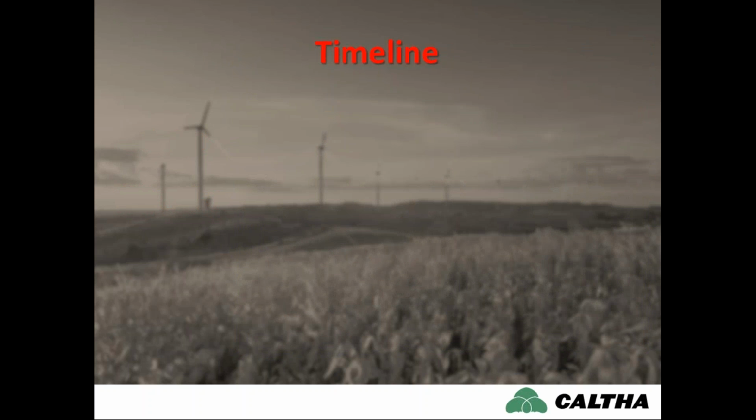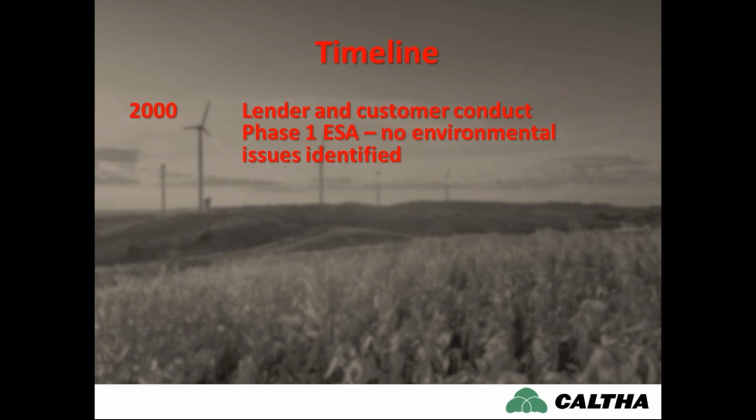Looking back at the timeline for this particular case, we go back to the year 2000 when the lender and the current property owner conducted a Phase 1 environmental site assessment for the property, which identified no environmental issues.